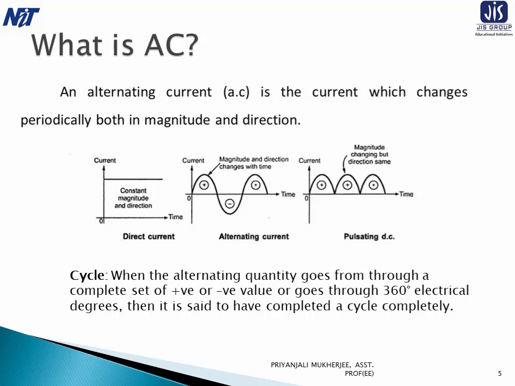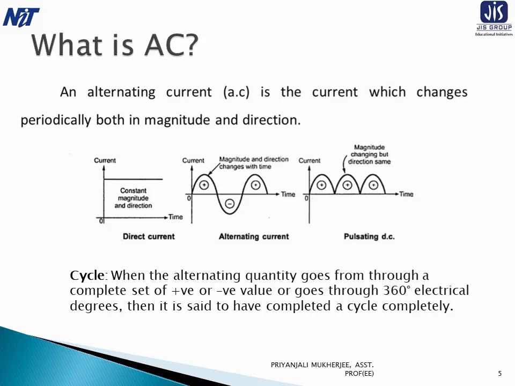So all over the world, the standard voltage used for low tension distribution is in the range of 200 to 250 volt to 250 to 440 volt. And the generation, transmission and high tension distribution voltages are governed by economy and operation.